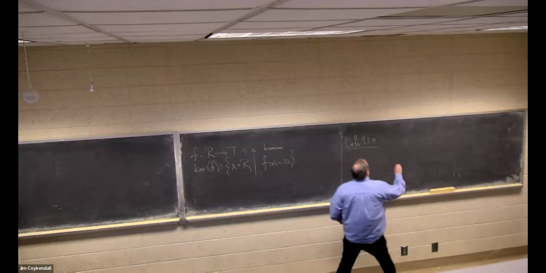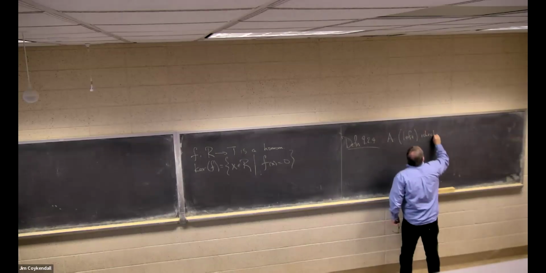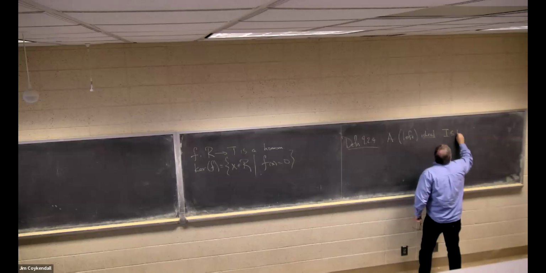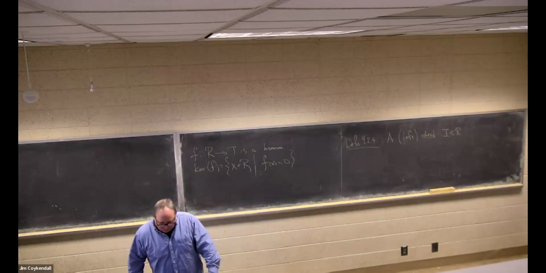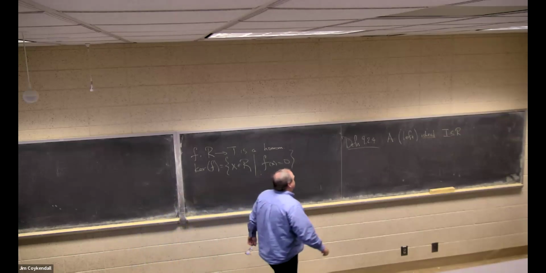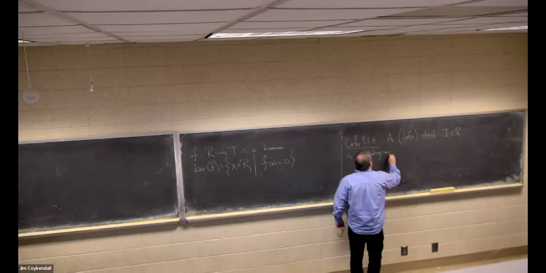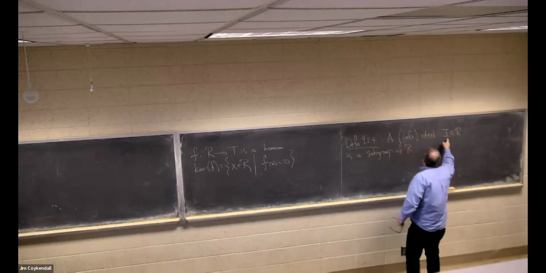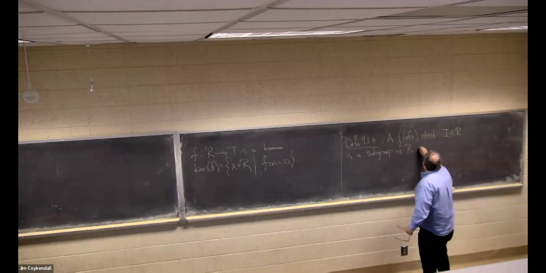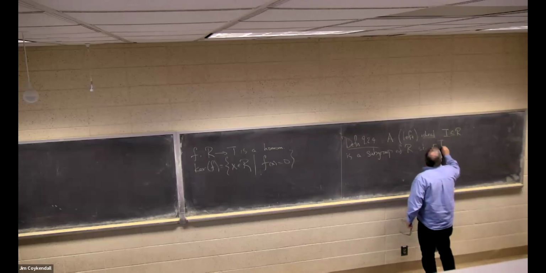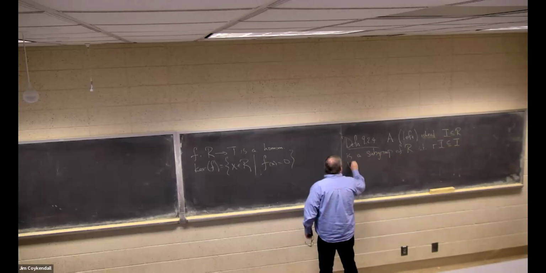A left ideal I in R is a subgroup. So I is a subgroup, so of course the setup is just like subgroup, right? It's a subgroup such that RI is contained in I.